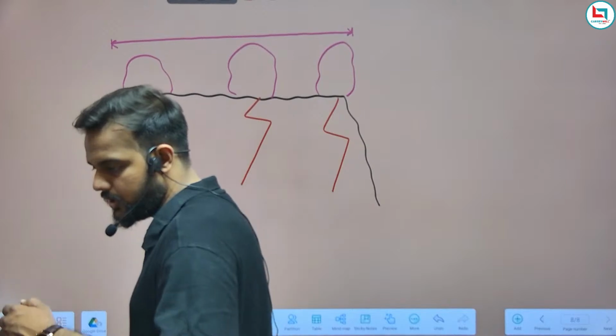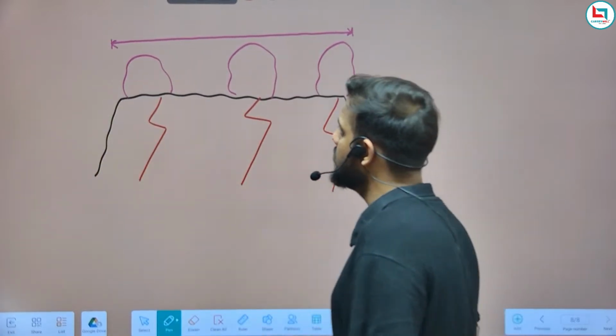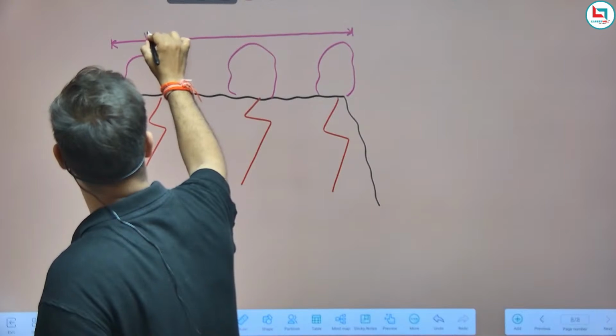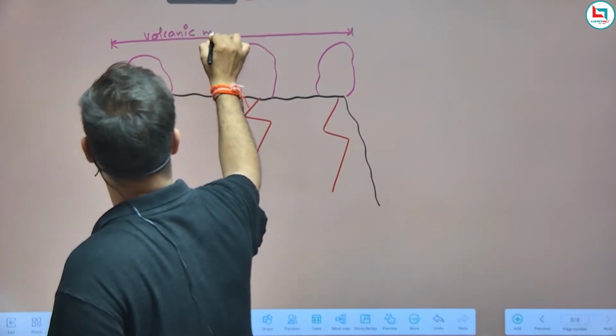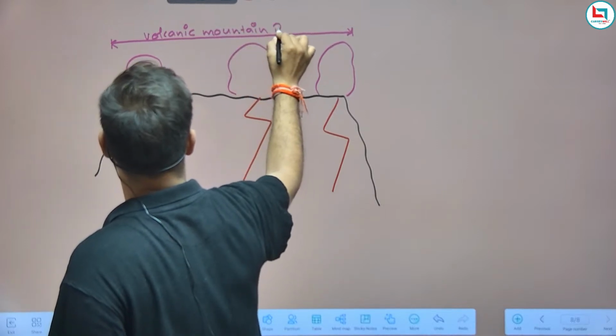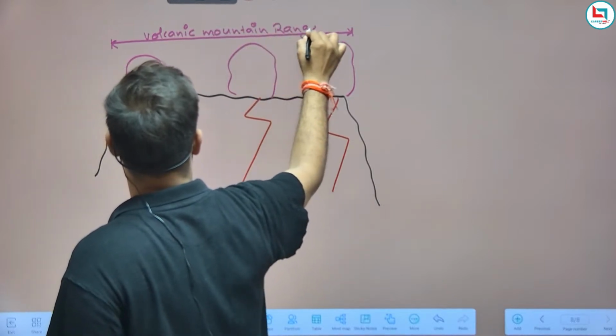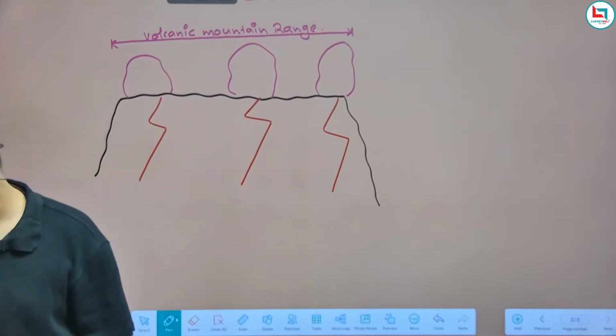Okay, continuous mountains are there, volcanic mountain range. We will see the formation of volcanic mountain range.